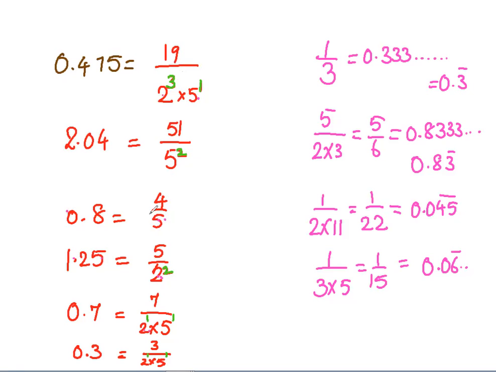Powers of 5, it is also a terminating decimal. The product of powers of 2 and powers of 5 also terminates. But where the denominator has 3, other than 2 and 5, it is non-terminating recurring decimals. These are all called p by q, that means rational numbers. Here, terminating decimals.